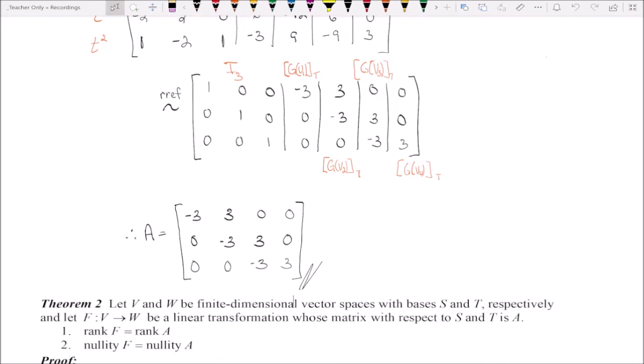We now look at the relationship between this linear transformation and its matrix. Specifically, the ranks are equal and the nullities are equal.